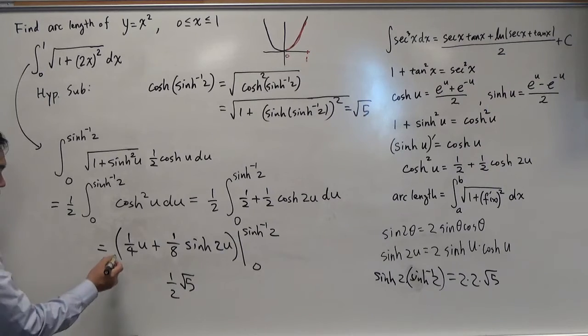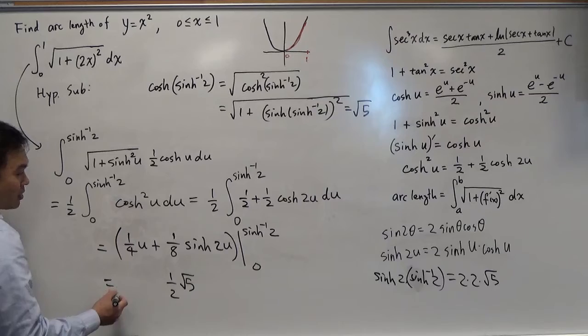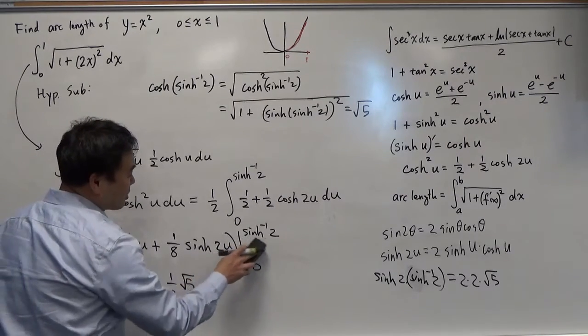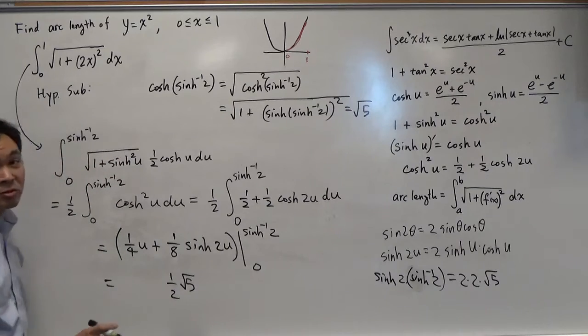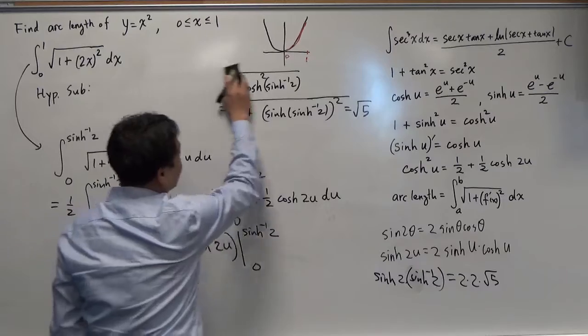And then you will have 1/4 of sine hyperbolic inverse of 2. And for that one, unfortunately, we can get the actual value of sine hyperbolic inverse of 2 by solving an equation. Let me show you that as well.